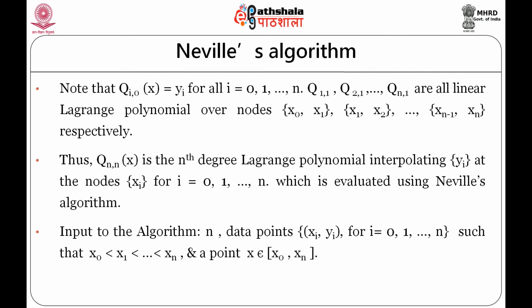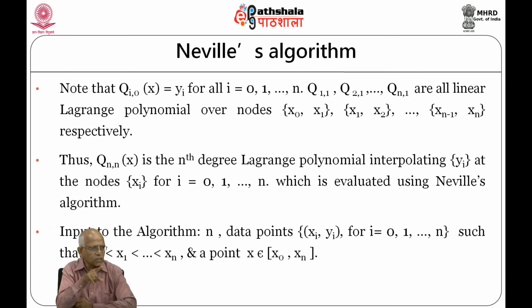q_11, q_21, up to q_n1 are all linear Lagrange polynomials over the nodes x_0, x_1; x_1, x_2; up to x_(n-1), x_n, because the first suffix and second suffix give you the degree.